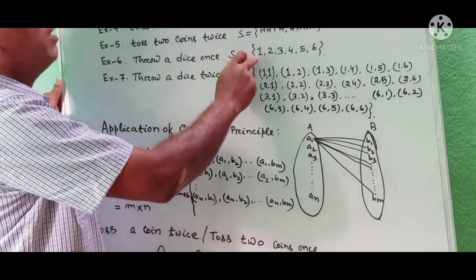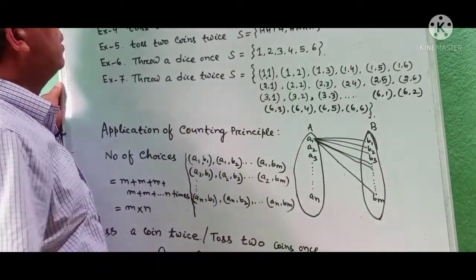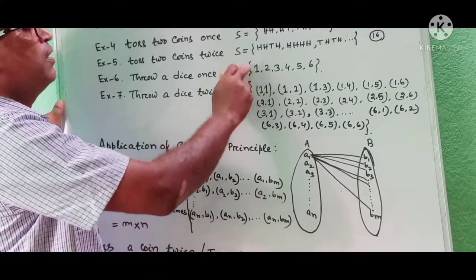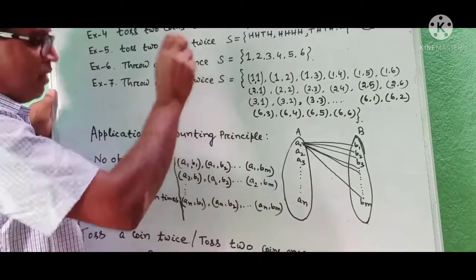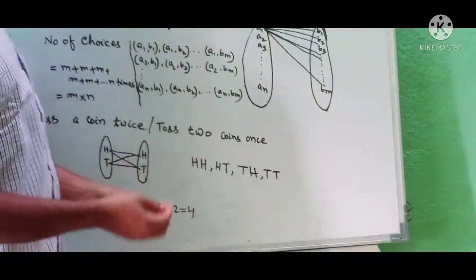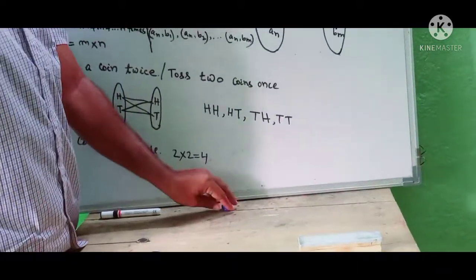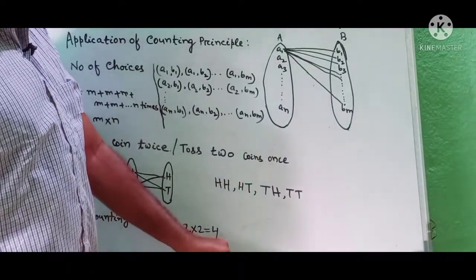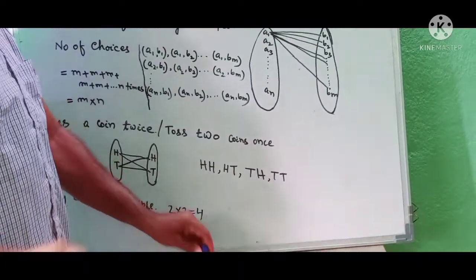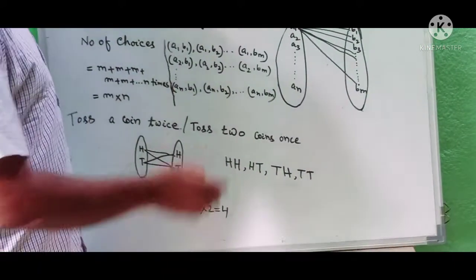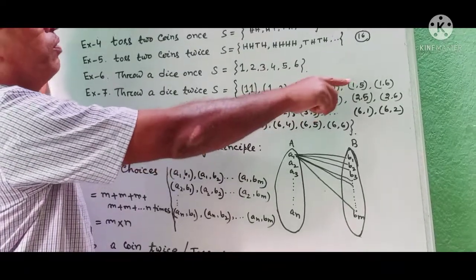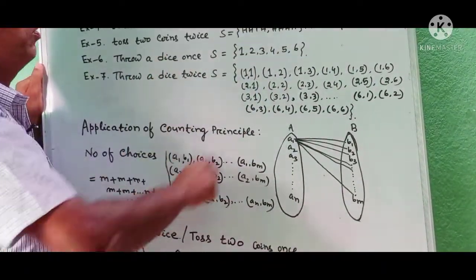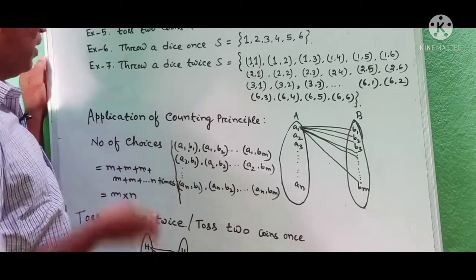Similarly, you can get 1, 3, 4, 5. So the sample space will be a set having the elements 1, 2, 3, 4, 5, 6. Then throw a dice twice. Similarly, you can get 1 1, 1 2, 1 3, 1 4, 1 5, 1 6, 2 1, 2 2, like this. So that is the sample space.